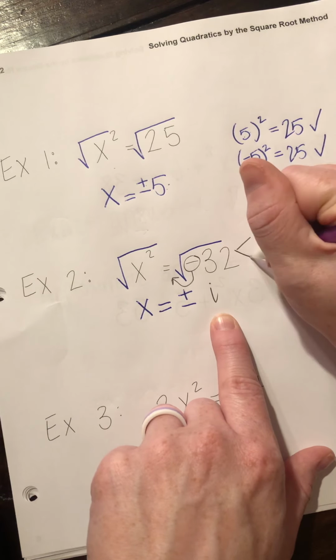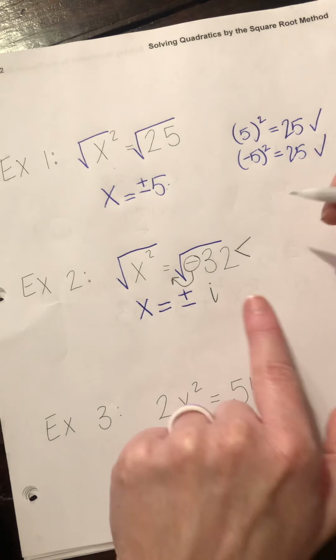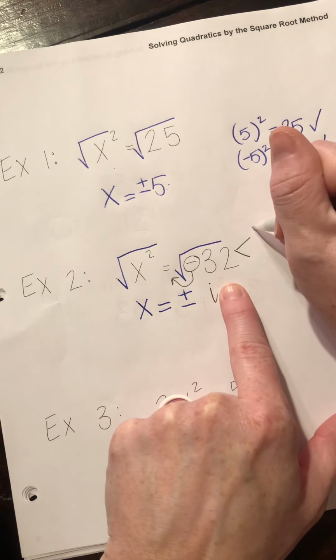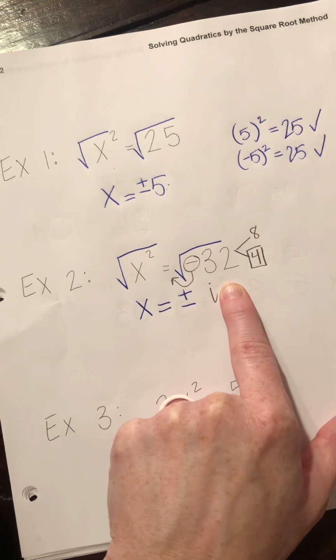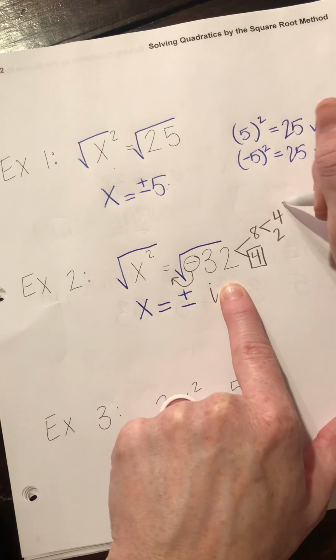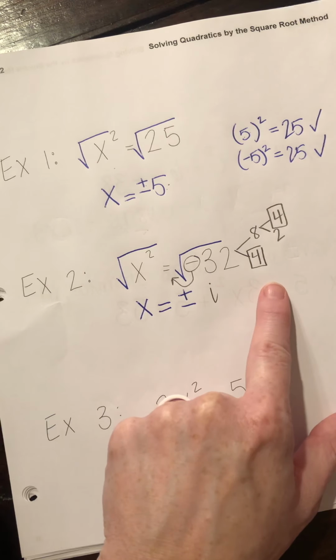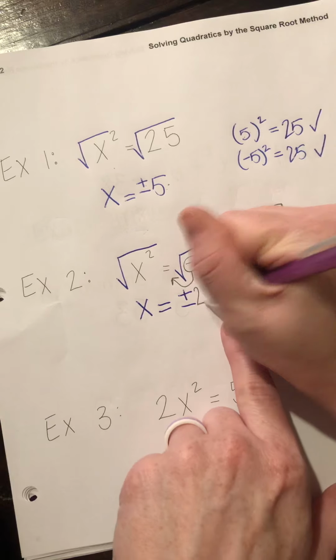And then I'm going to take this 32 and I'm going to simplify my radical. 32 breaks down into 8 and 4. 4 is a perfect square. And this 8 continues to break down again into 4 and 2, 4 being a perfect square. The square root of 4 is 2.